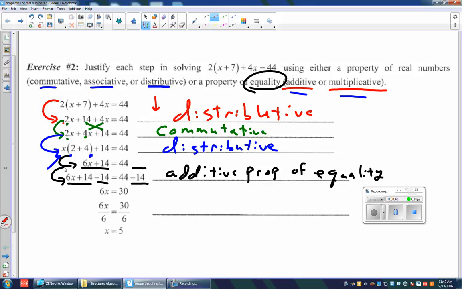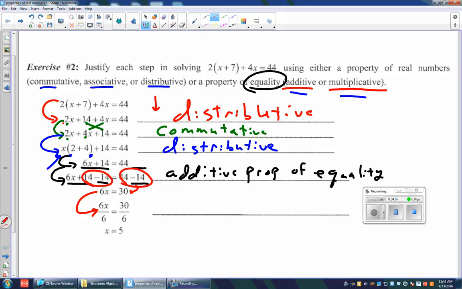Then we have a line where we combined the plus 14 and the negative 14 and the 44 and the minus 14, and we get that. Combining like terms again. Now this last line, what did I do from 6x equals 30 to x equals 5? Oh, wait, I divided both sides by 6.